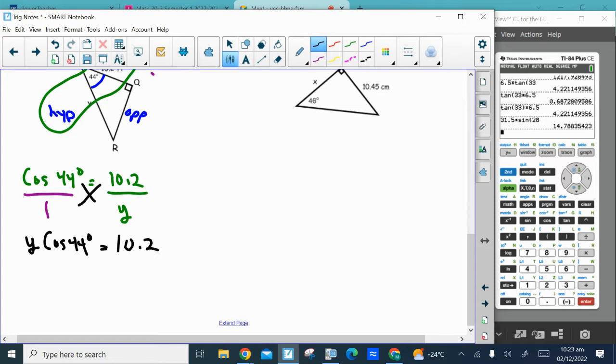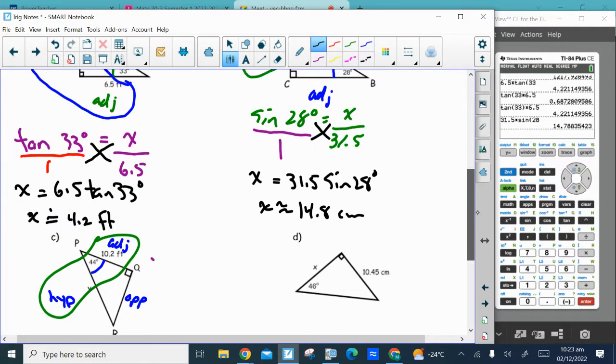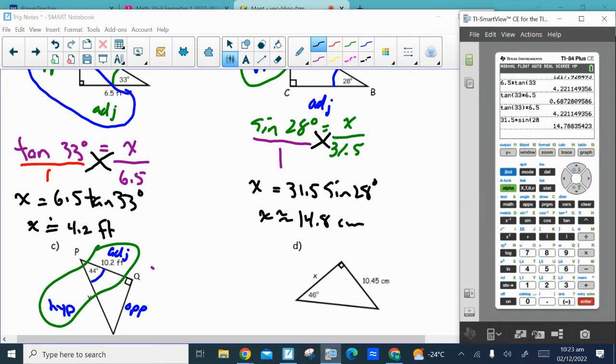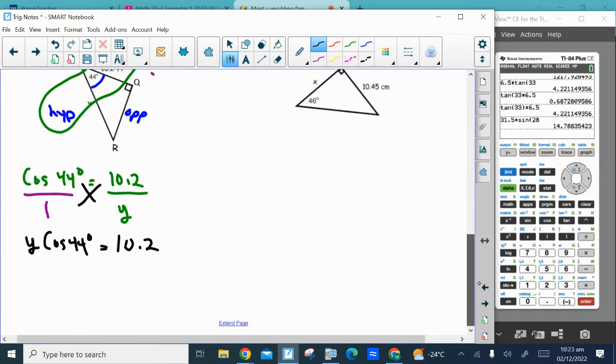The difference here is that when we wrote our ratio, the variable y was on the bottom. If we look above, in both cases, the variable x was on the top. And so when we cross multiplied, we had x by itself after that one step. In this case, because the variable y is on the bottom, when we cross multiplied, we don't have y by itself.